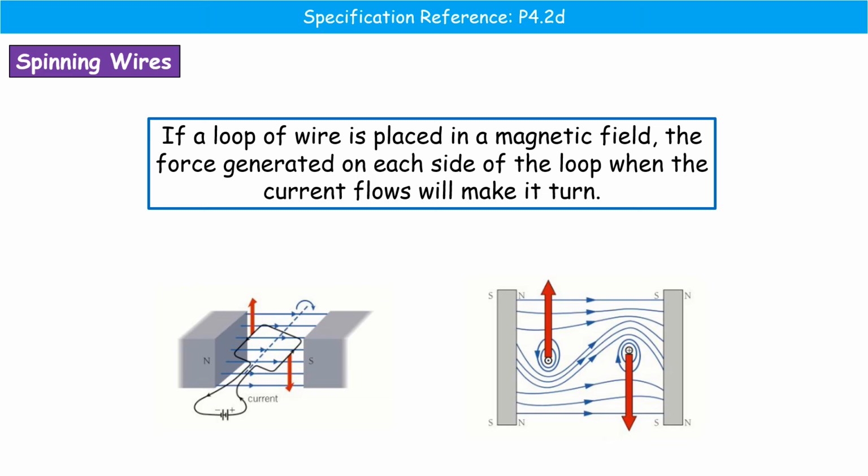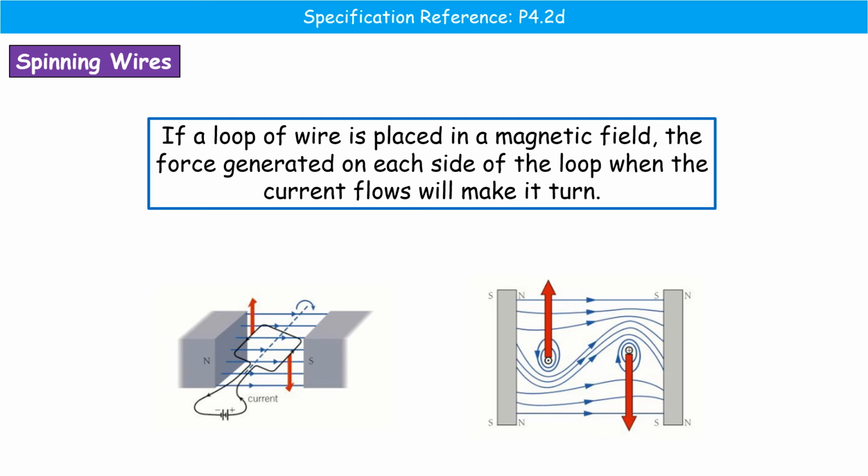This now leads us on to something that we're going to be looking at in more detail throughout this topic, the idea of if we've got a loop of wire and we place that in a magnetic field and allow a current to flow through it, then what we're going to end up with is opposite forces on the two sides.